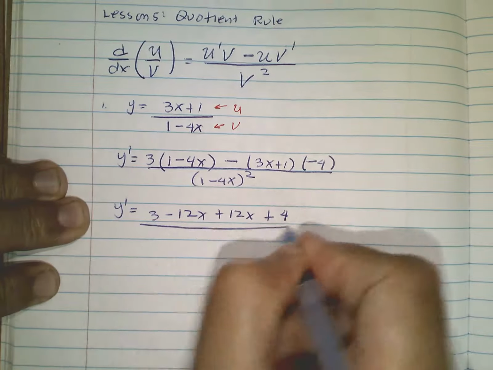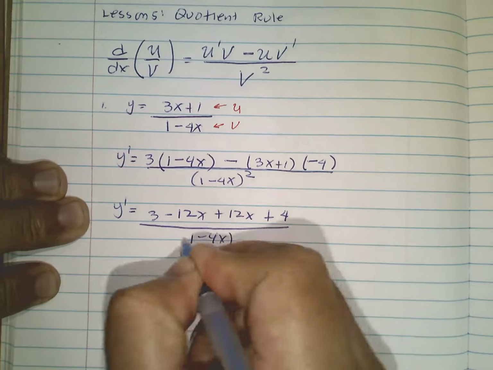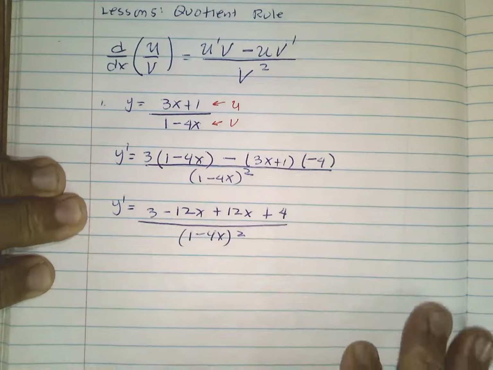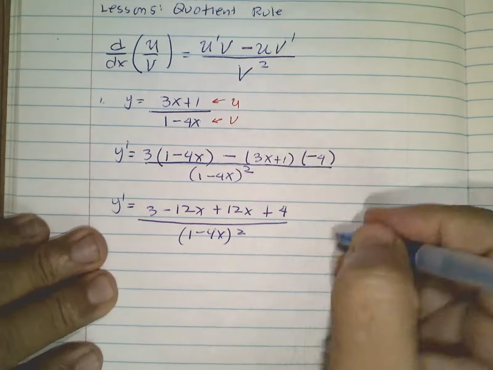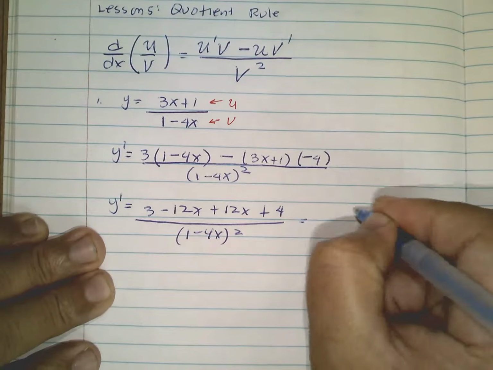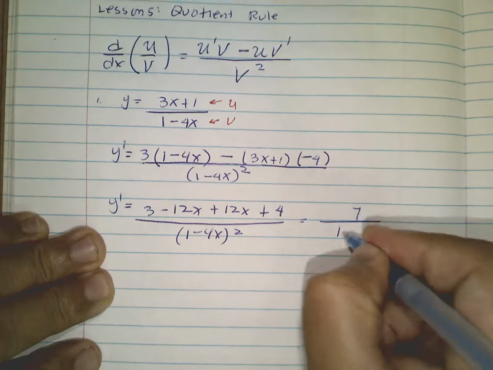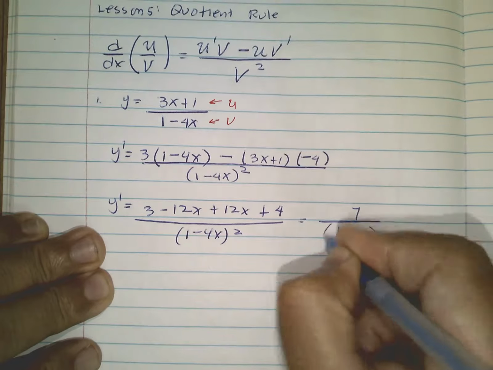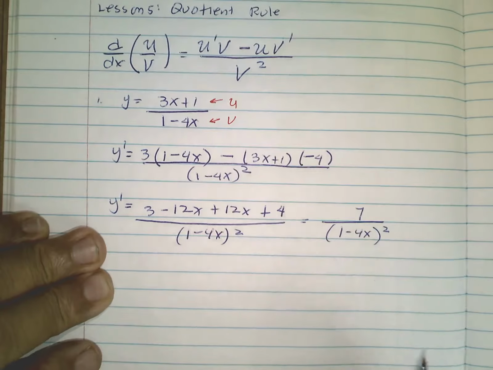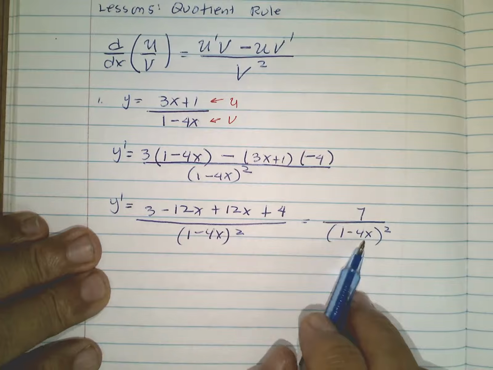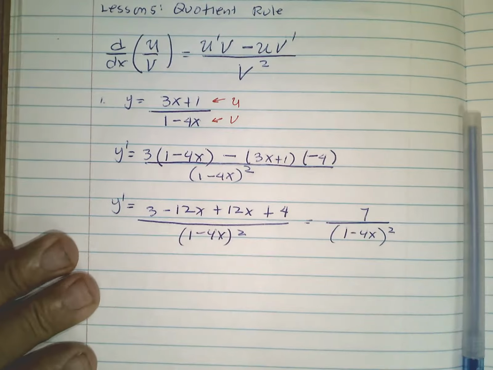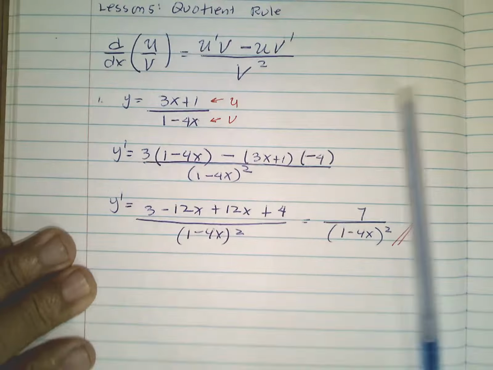All over 1 minus 4x raised to 2. Then negative 12x plus 12x is 0, so that's 7 over 1 minus 4x raised to the second power. You don't need to expand this one. That's the final answer.